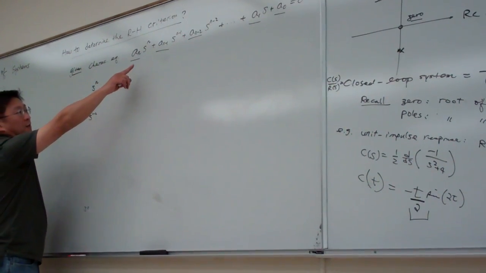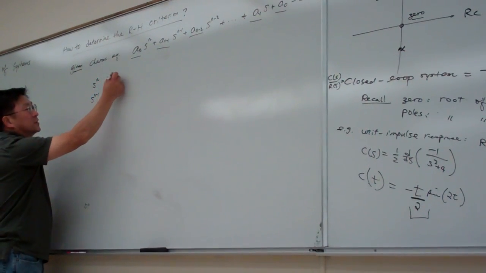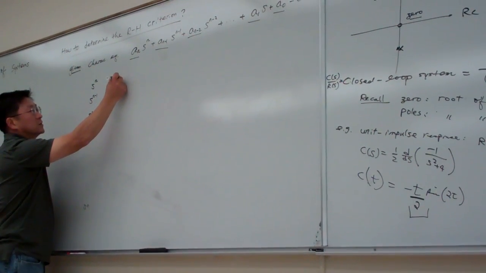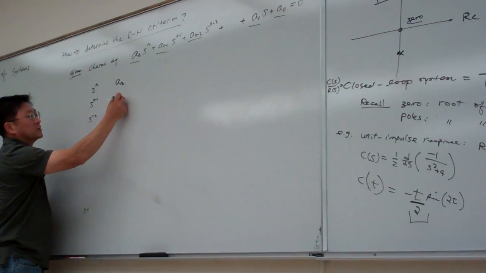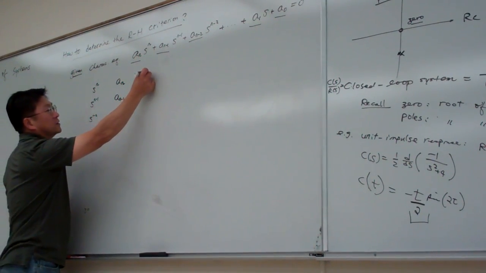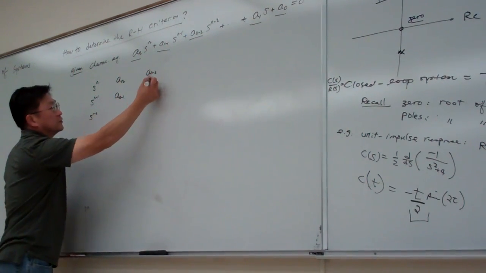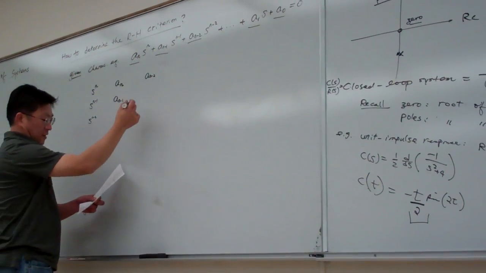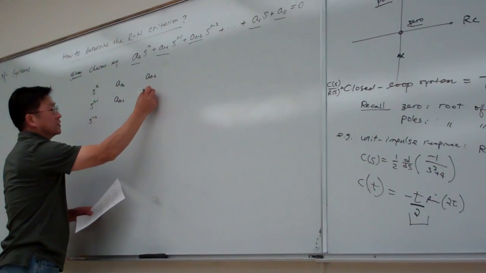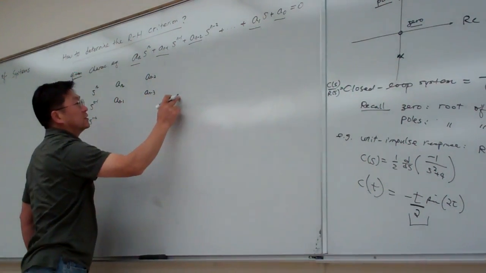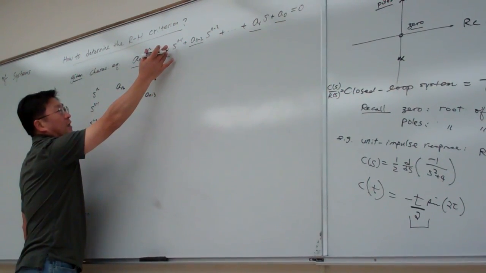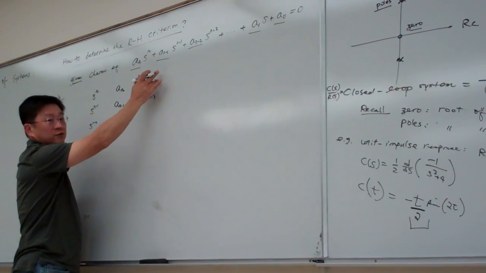You look at the coefficients from the highest degree and arrange them like this: an, an minus 1, an minus 2, and then an minus 3. Basically you do this kind of jump-wise arrangement, and if there is any zero coefficient, you just put in 0.